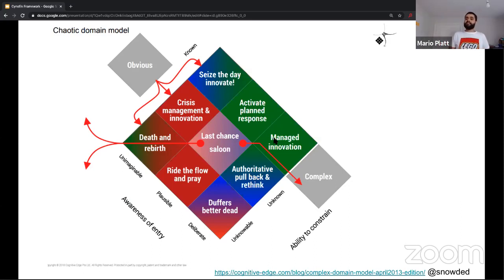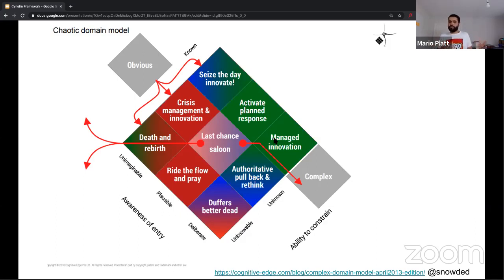And seize the day is a huge opportunity for us in cyber, as we can sometimes use the opportunity to introduce measures or initiatives that we may otherwise not have had the political capital to make happen before an incident. Right, so capitalizing on incidents to make changes that we identified is what that box is. It's about seizing the day and innovating.